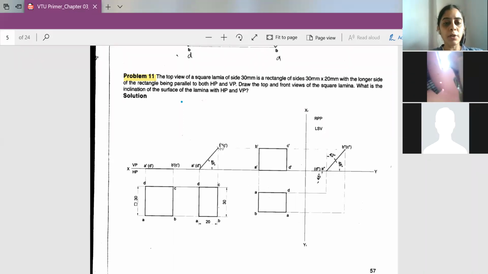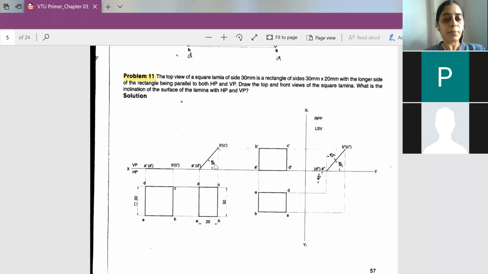Okay, so after knowing the dimension of the front view, you will keep the protractor here and identify the angle. So measure the angle using the protractor and show it. If you are getting 48 degrees, please show it as 48 degrees.